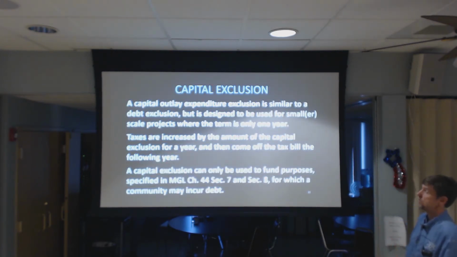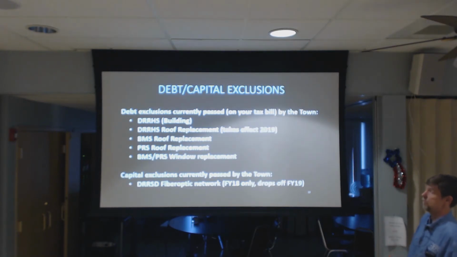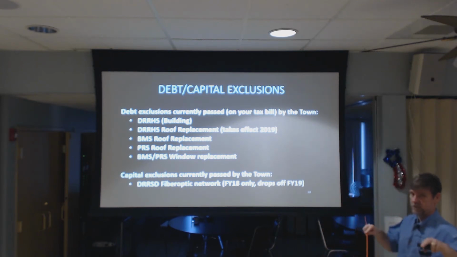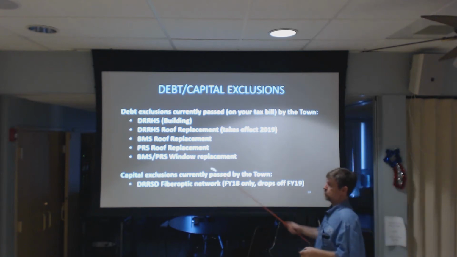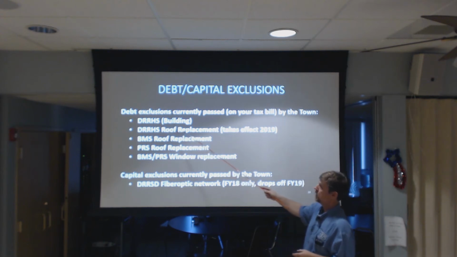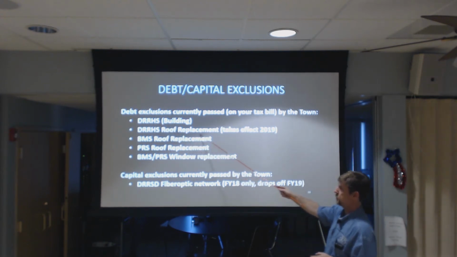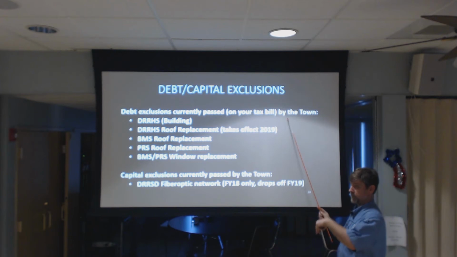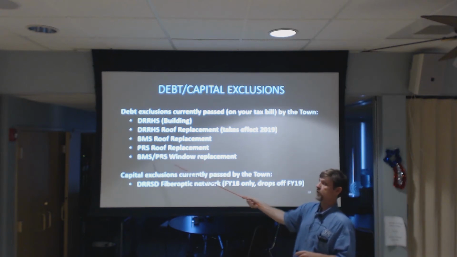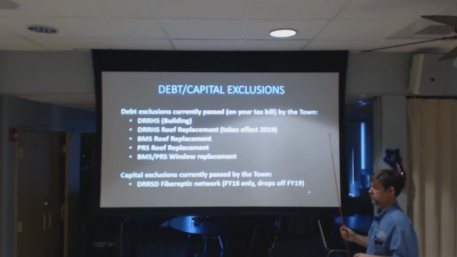Capital outlay exclusions are similar to debt exclusions, but they're for 1 year, and then they come off. So the current debt exclusions and capital outlay exclusions that you have on your tax bill today include the debt exclusion for the high school, the debt exclusion that we just passed for the roof replacement, which will take effect this year, the Beckwith Middle School roof replacement, the Palmer River roof replacement, and the Beckwith and Palmer River window replacement projects.